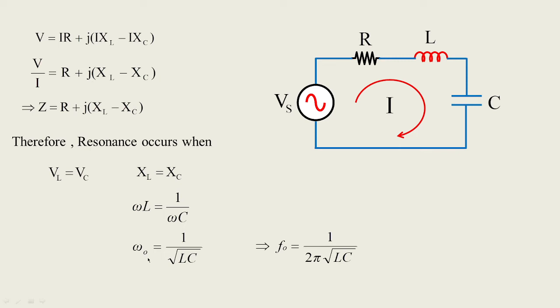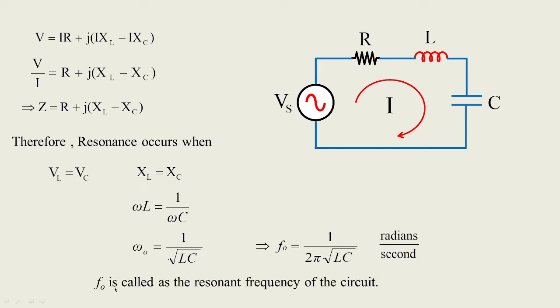You can change this angular frequency to the normal frequency, and hence this is called the resonant frequency, which is equal to 1 by 2 pi square root of LC. Here the units will be in radians per second, and f naught is treated as the resonant frequency when resonance occurs.